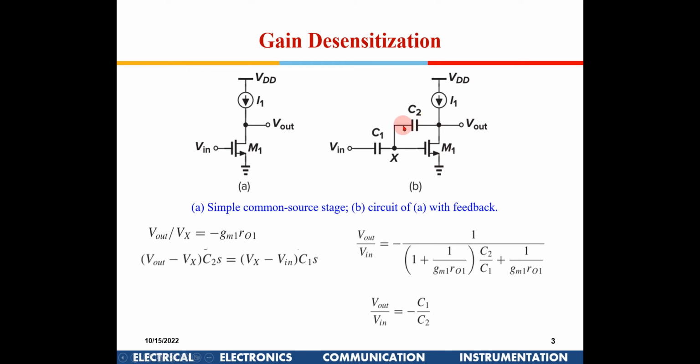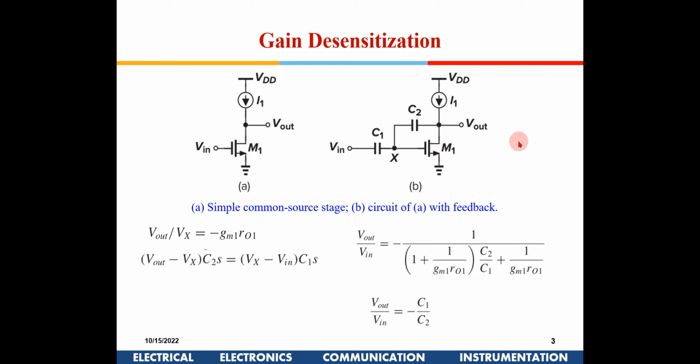So I am putting this capacitance. This is giving a feedback signal here. Also, it is going to load the output gain. If CM is not much higher than R0, it is going to load the circuit.